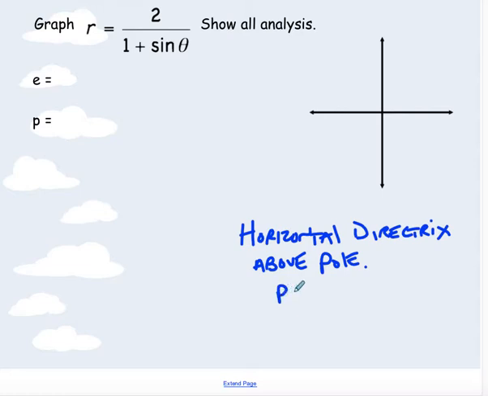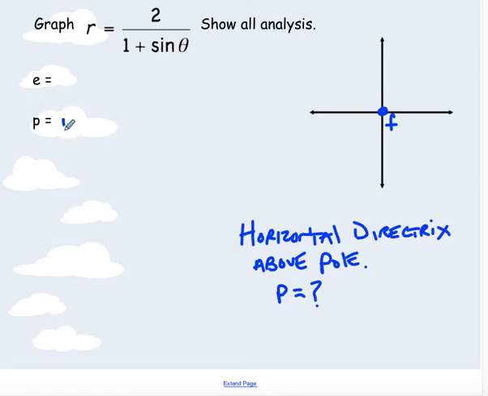Well, that's what P is. So that's what we need to figure out. Remember, the pole is at the origin, and that is otherwise known as the focus. So now our job is to figure out what E and what P is. E is going to determine what shape we're dealing with. P is going to determine how far above the pole to put the directrix.